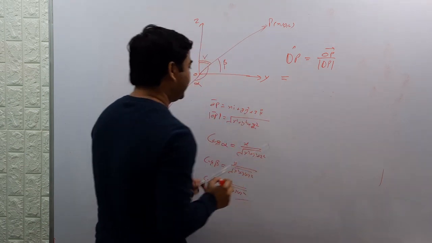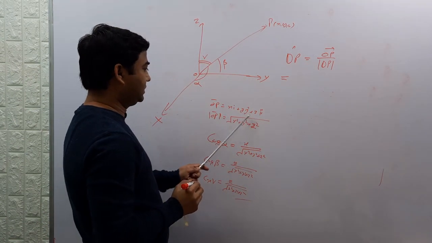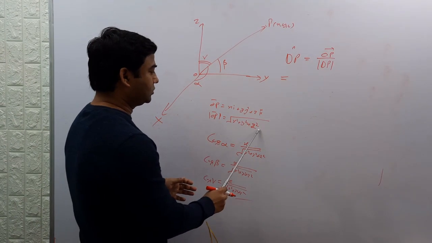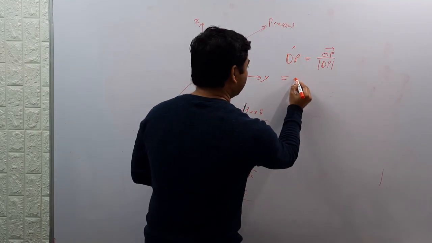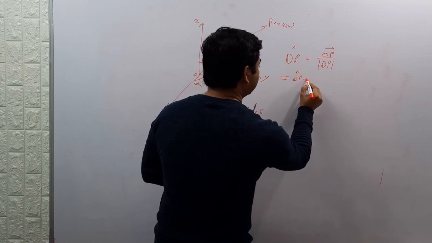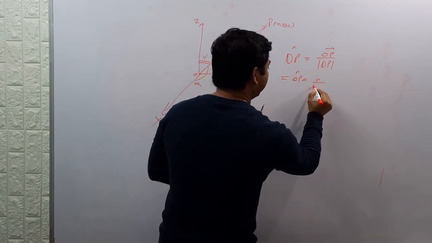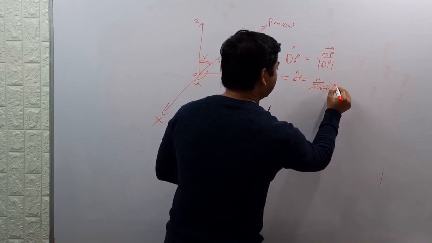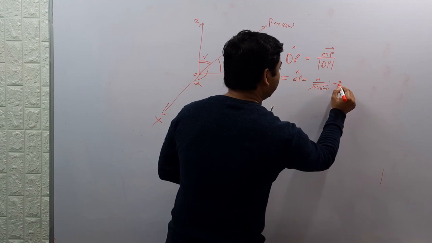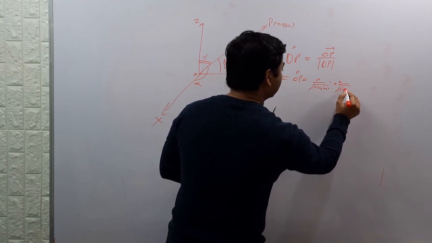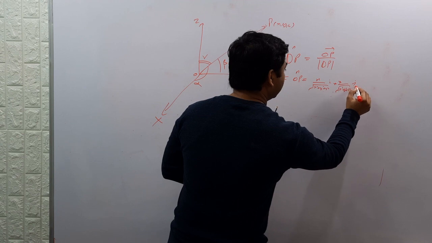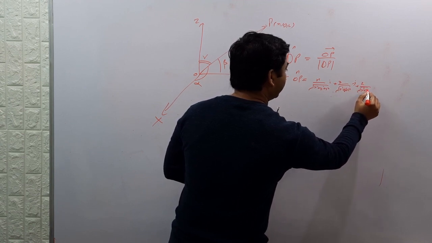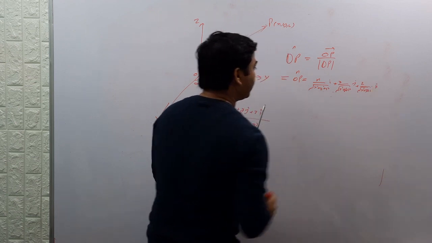You can write vector OP as xi plus yj plus zk, and mod of OP is under root x square plus y square plus z square. So the unit vector OP is x divided by under root x square plus y square plus z square i plus y divided by under root x square plus y square plus z square j plus z divided by under root x square plus y square plus z square into k.